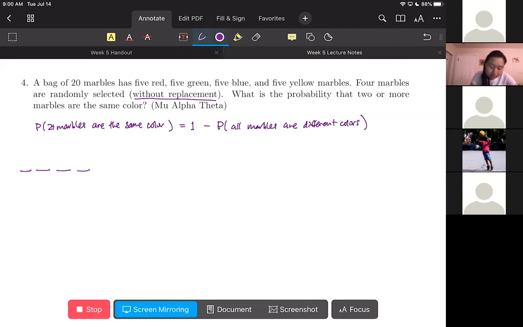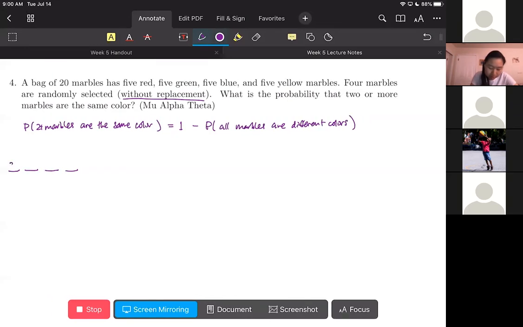So for the first choice, in the denominator, we have 20 total choices because we can pick any of them. For the second one, we have 19 choices, then 18, and then 17. Does that make sense?